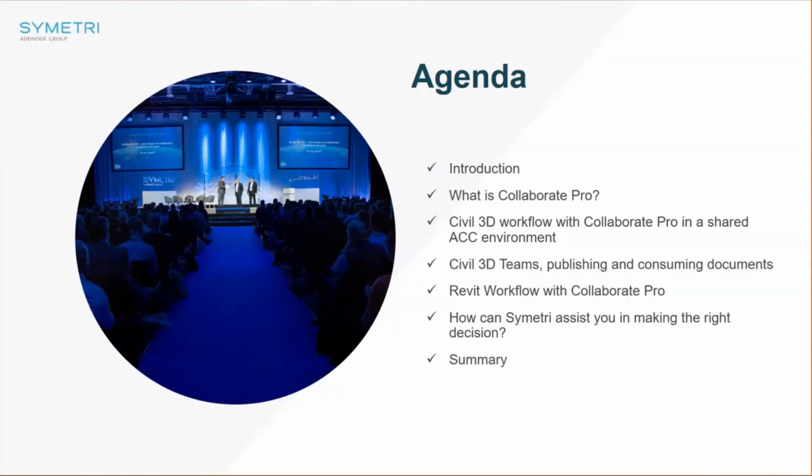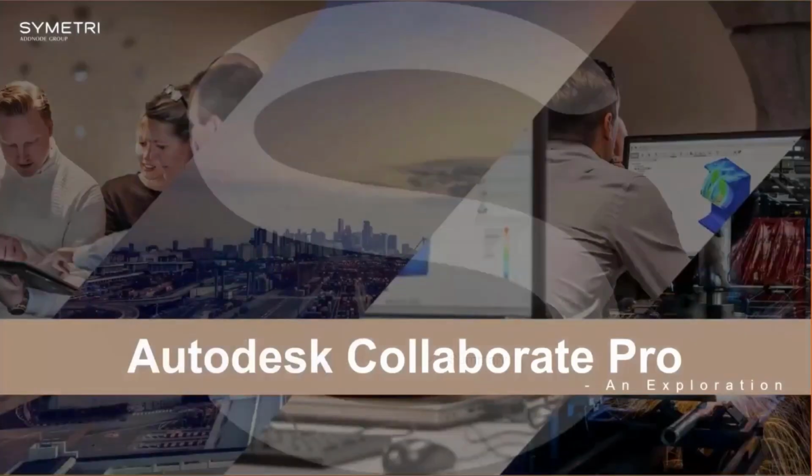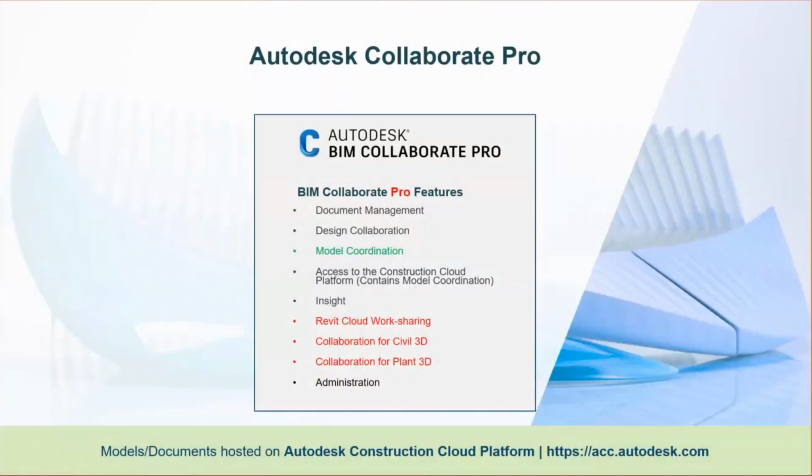Okay, so let's dive into the Autodesk Collaborate Pro and what that means to us. So in terms of the software package and what you receive, you have document management within Collaborate Pro, being able to host your data within the cloud environment. You'll be able to utilize the design collaboration module, which means that we get Revit to talk to Revit, synchronizing our models, or Civil 3D or Plant 3D.